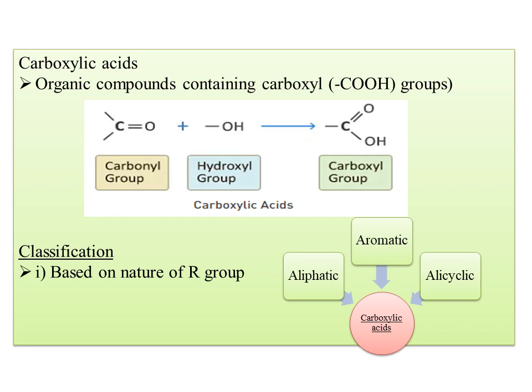In aliphatic carboxylic acid, the R group is an aliphatic group, say for example, R may be a methyl group, ethyl group, etc. In aromatic carboxylic acid, the R group may be benzene, phenol, like that. In alicyclic carboxylic acid, the R group is an alicyclic one.